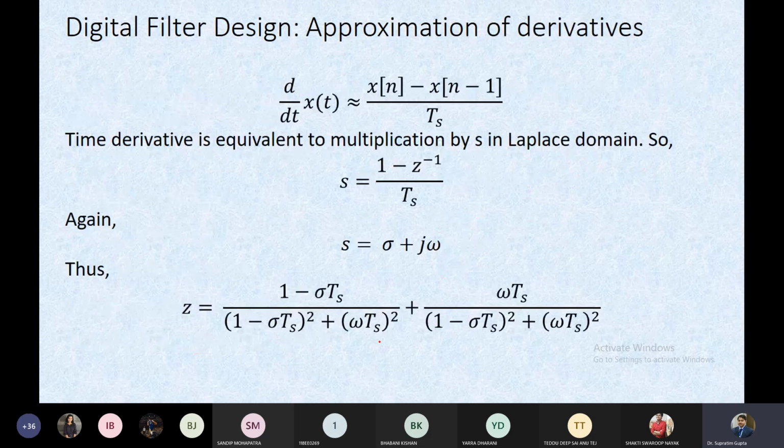These are very simple in the sense that we use the differentiation term, x'(t) as (x[n] minus x[n minus 1]) by Ts, so the time derivative is equivalent to multiplication by s, and s can be said as s equal to (1 minus z inverse) by Ts. Again s is sigma plus j omega, and therefore we can find z. What we are actually doing is trying to map from the Laplace domain to the z domain, with these approximations.